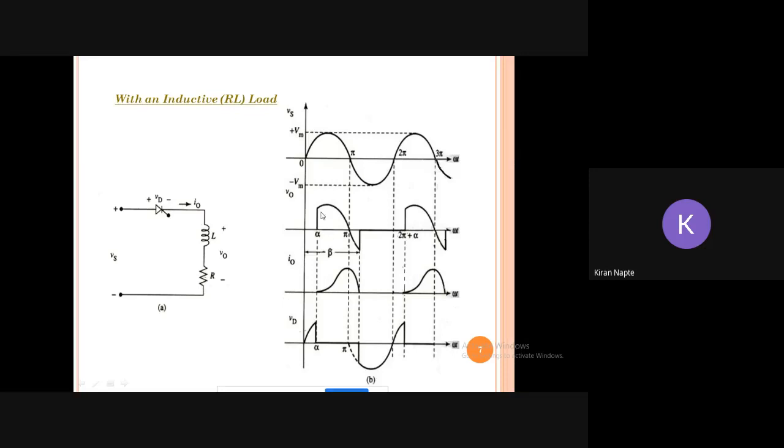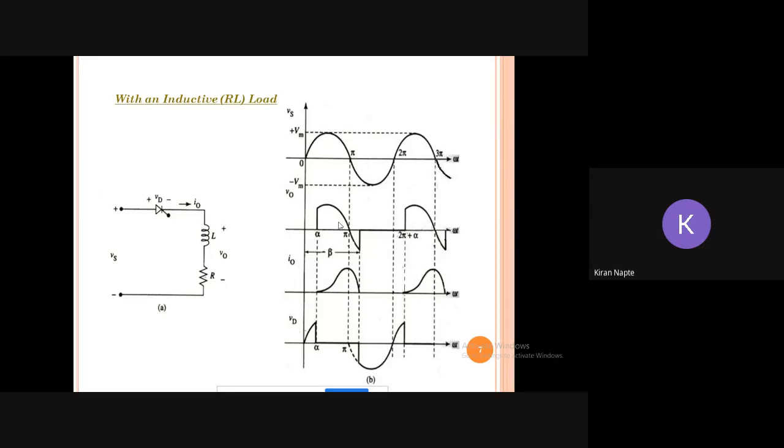Now simply compare this output voltage with the output voltage of the previous circuit. You will come to know there is a slight difference between the output voltage of the inductive load and that of the resistive load.